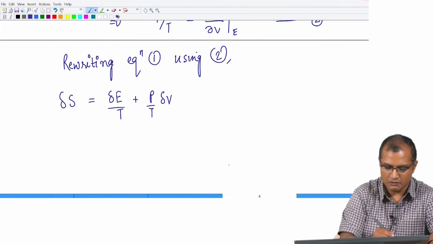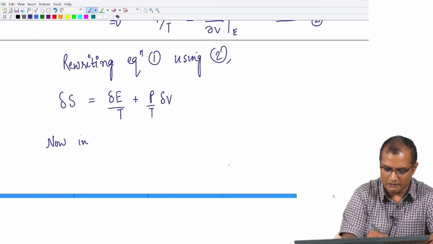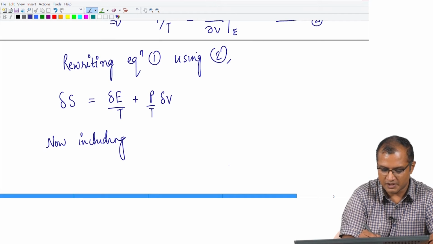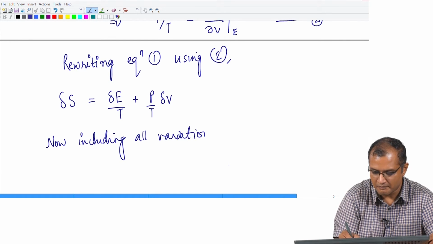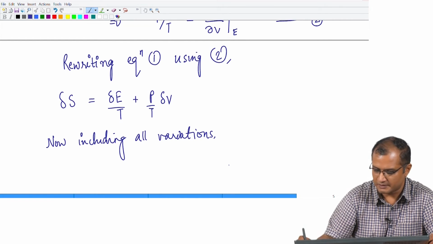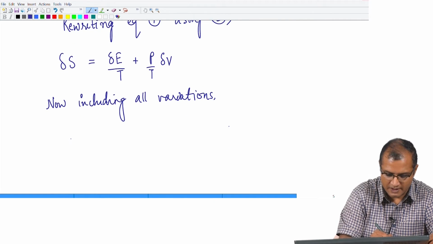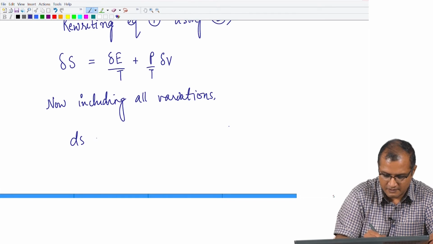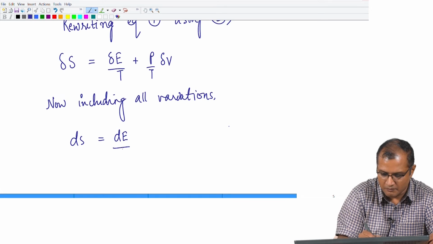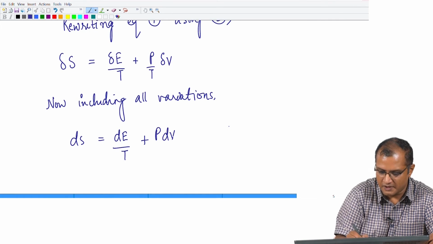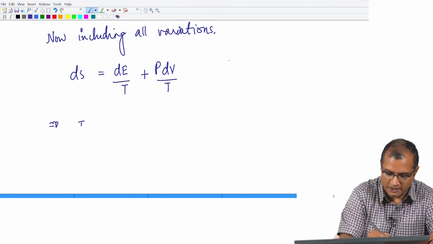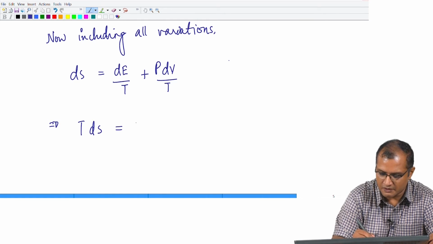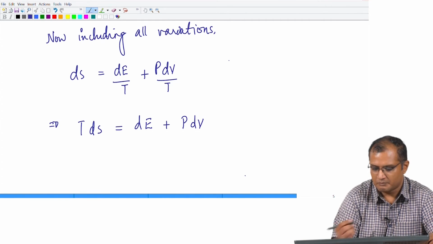Okay. So, now including all variations, which means you are no longer using these infinitesimal derivatives, I can write down this law as dS equals dE over T plus P dV over T. In other words, I can write TdS, which is the heat given to the system, as a change in internal energy plus work done by the system.